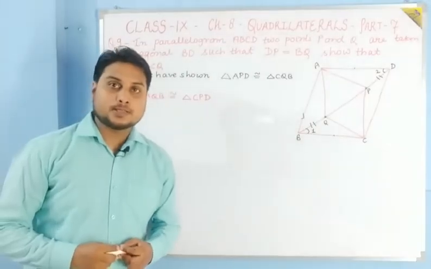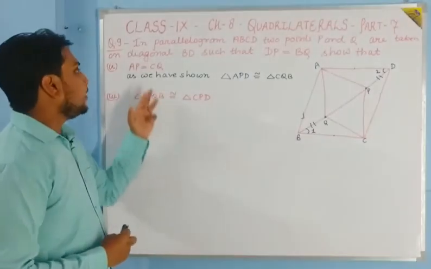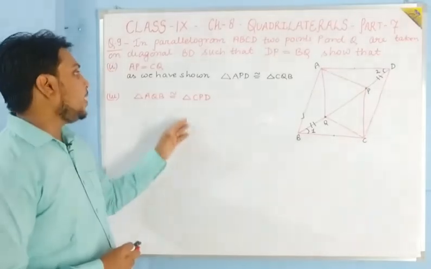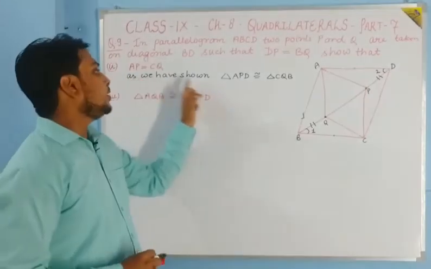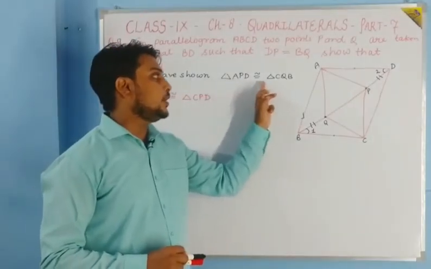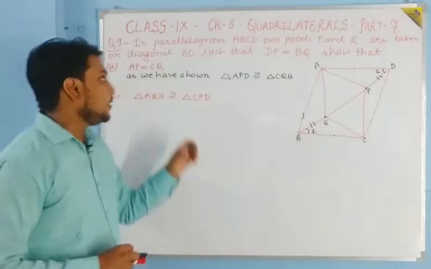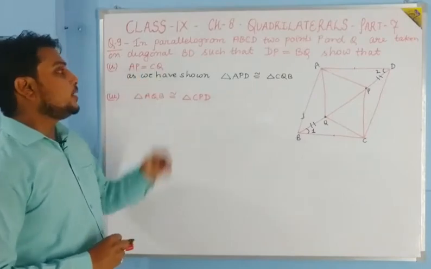Now students, this time we will prove the second and third parts together. As we have shown in the first part that triangle APD is congruent to triangle CQB, the second part is to prove that AP is equal to CQ.